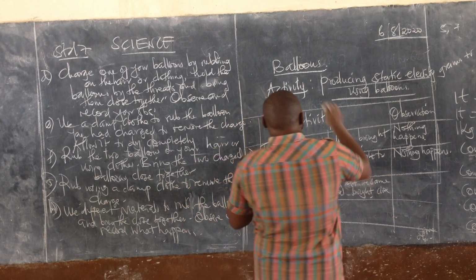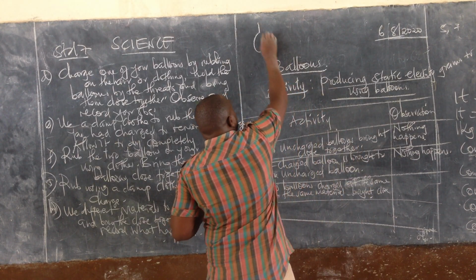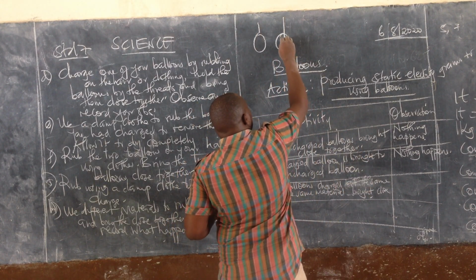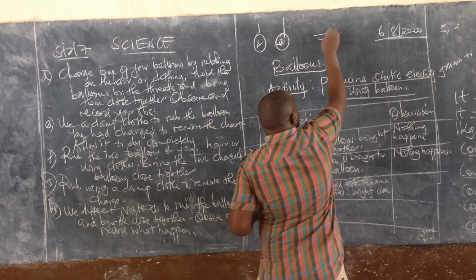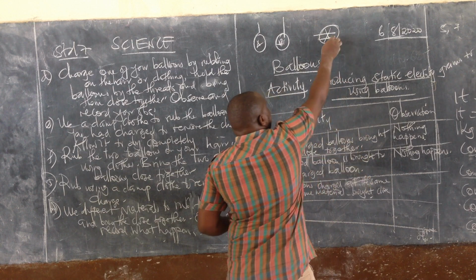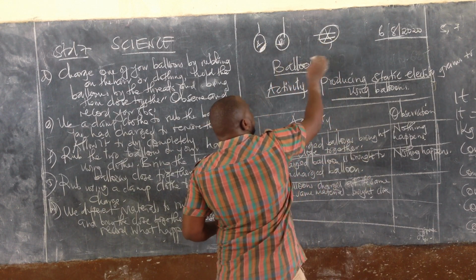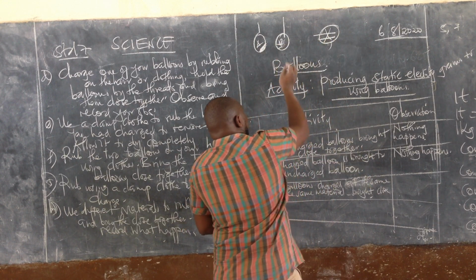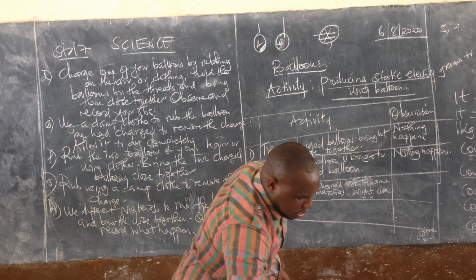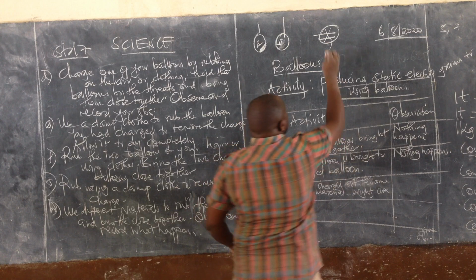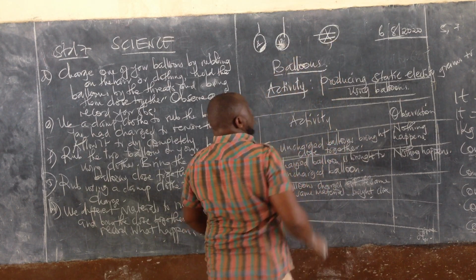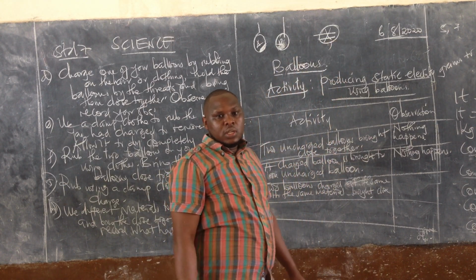meaning that if these are the balloons I'm talking about, balloon A and B, you wrap using a piece of cloth. So this cloth wraps this one, the same cloth also wraps this one. If you wrap the 2 using the same material, they acquire the same charge.